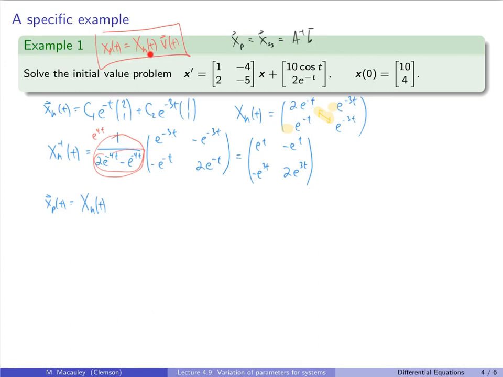I didn't multiply it again by xh, but we have to now. So our particular solution is this matrix that we just found times v, which we know is the integral of xh inverse of t times b of t dt. So recall that this is v of t.